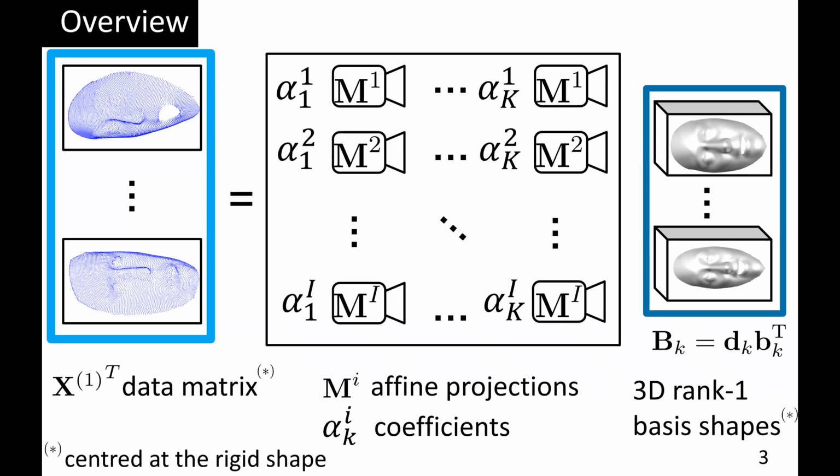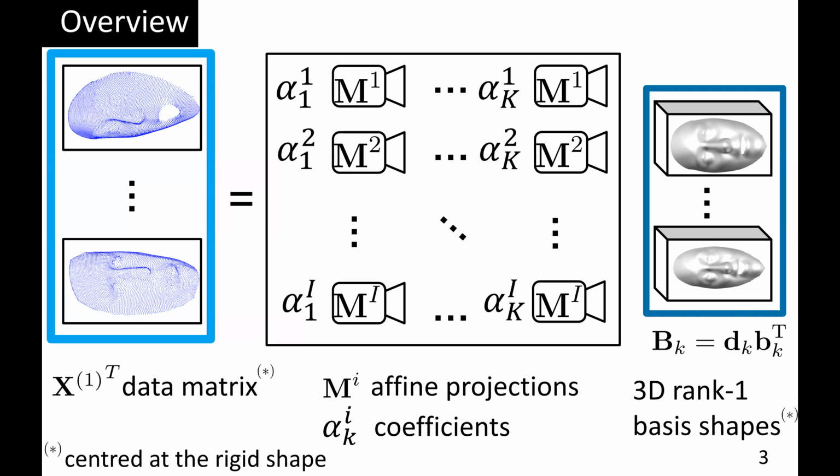On the left, you can see M_i are the affine projections, which are 2 times 3 matrices. And alpha_ik are scalar coefficients, which represent the weight coefficients. On the right-hand side, you can see the 3D rank 1 basis shapes. Also here, these are centered at the rigid shape.